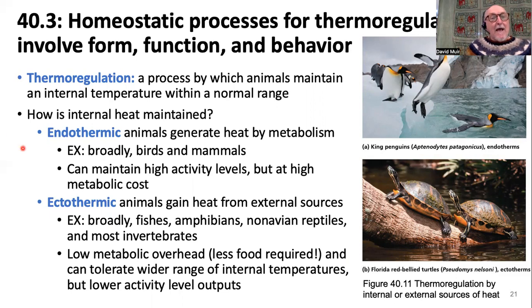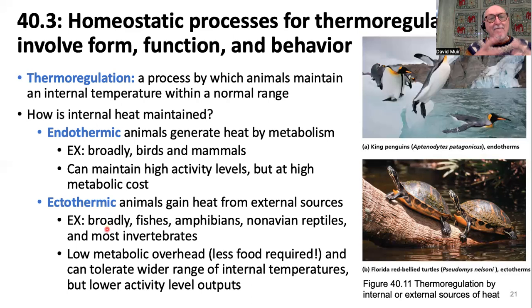Now, the endothermic animals maintain a constant body heat by the sorts of mechanisms that I've already mentioned, under strict control of the nervous system. There are systems to raise body temperature or lower it to maintain it within a certain range. The ectothermic animals largely lack that ability. I say largely because there are some ectothermic animals which are able to generate heat and budget it on a certain limited basis.